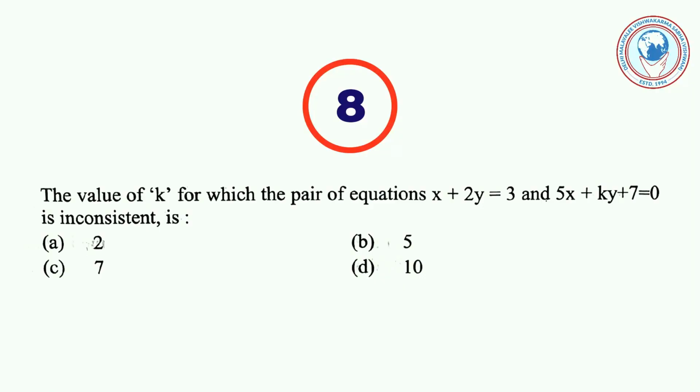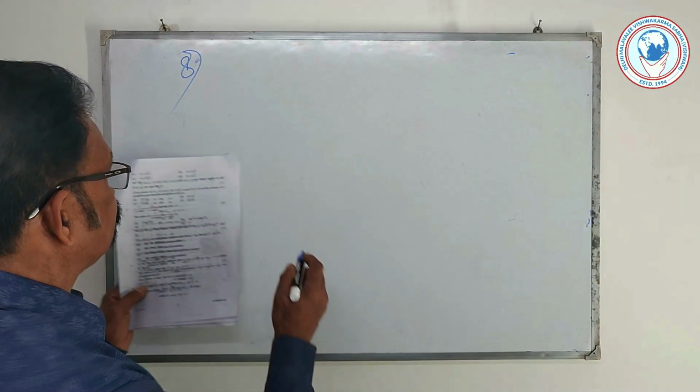Question number 8. The value of k for which the pair of equations x plus 2y is equal to 3 and 5x plus ky plus 7 is equal to 0 is inconsistent, if the options are given.